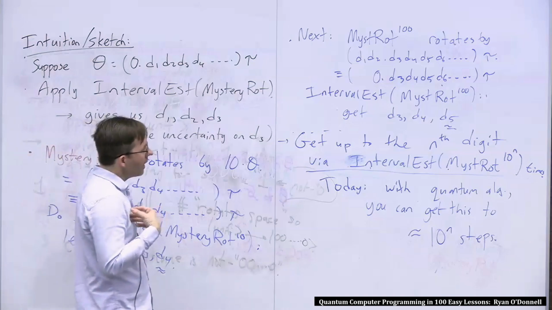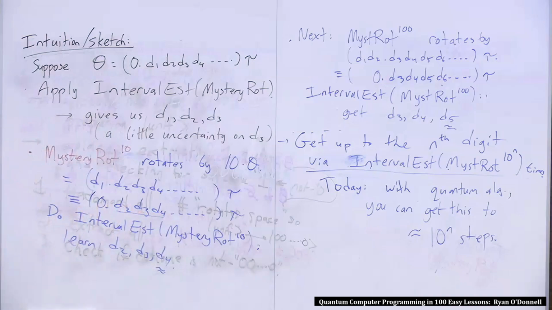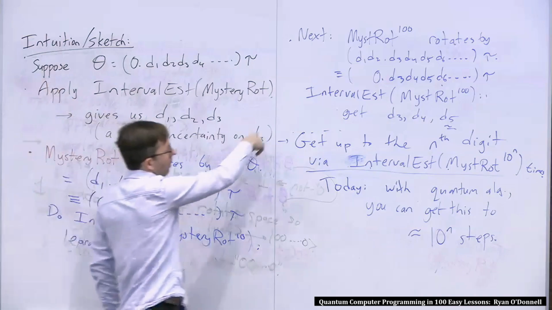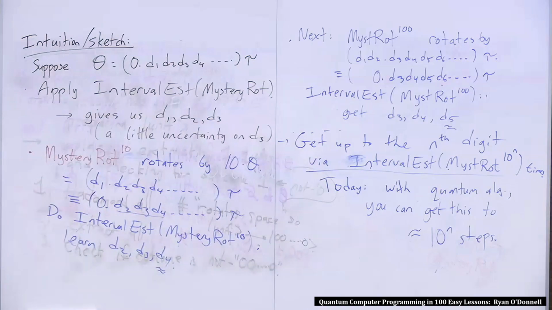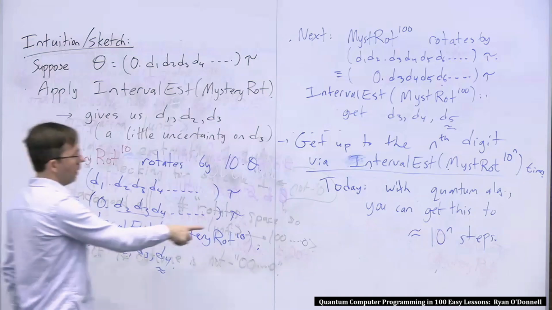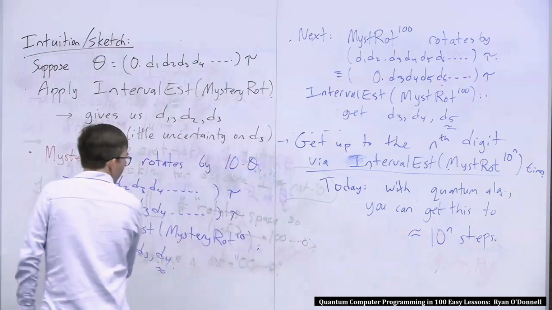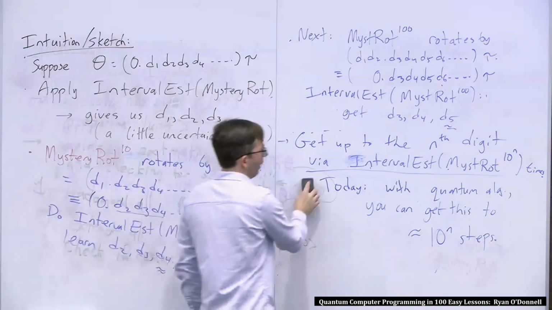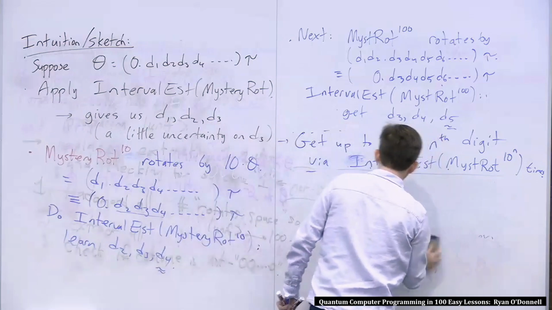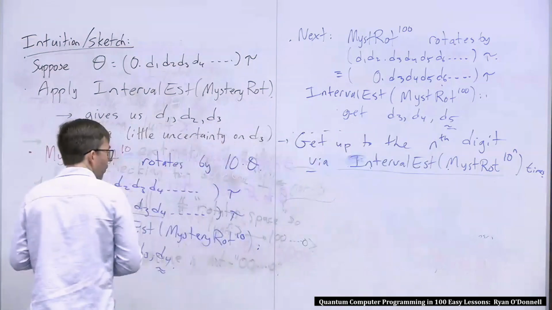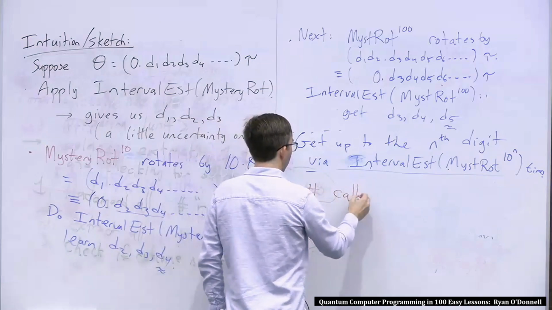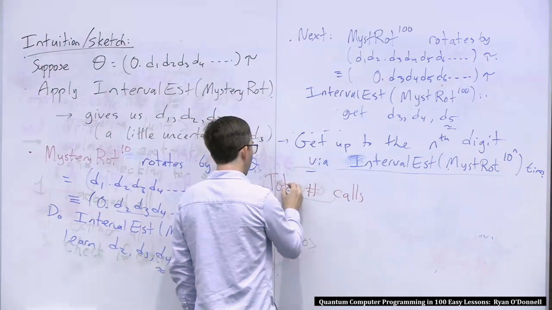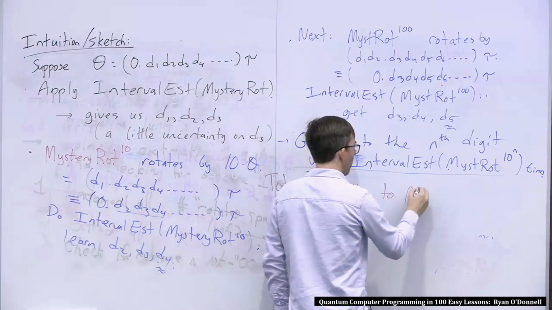And I indeed claim to you that this whole sketched algorithm here uses only about 10 to the n steps, or 10 to the n work, which is what I'm saying here. Again, that's kind of a crazy amount, but just to quickly justify it, this overall number of total calls to mystery rot here.